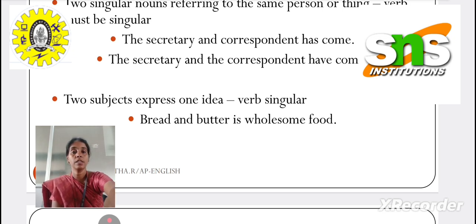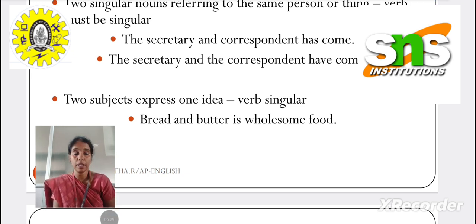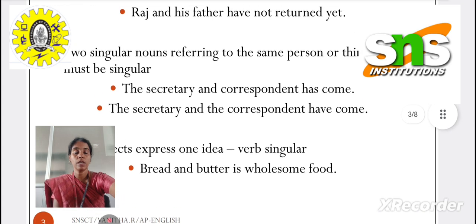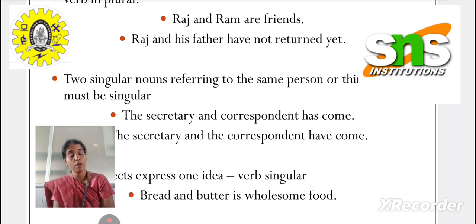So this is the basic rule. The first rule is very simple: if you have a singular subject in a sentence, we use a singular verb. If we have a plural subject in a sentence, we use a plural form of verb. And the next rule is for using the subject and the verb in combination with and and the article the.